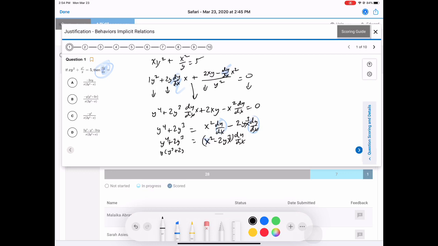And for some reason I copied this here incorrectly. That should have been 2xy, so we're left with 2x, all divided by x squared minus 2y cubed x.